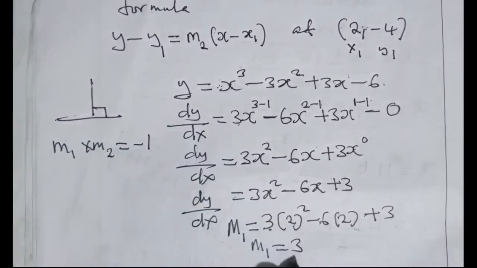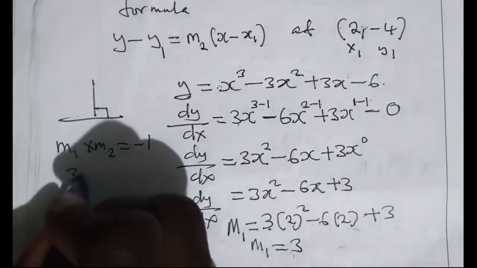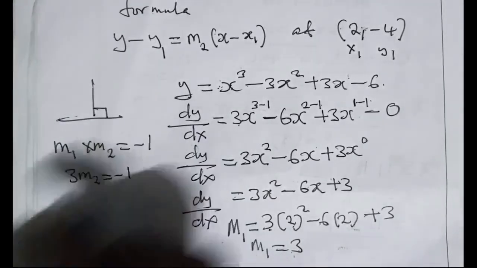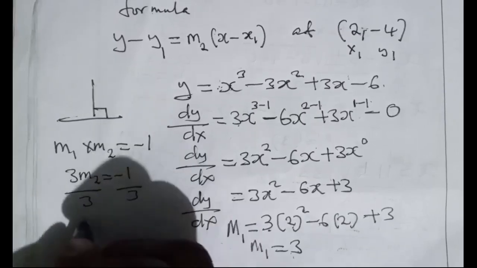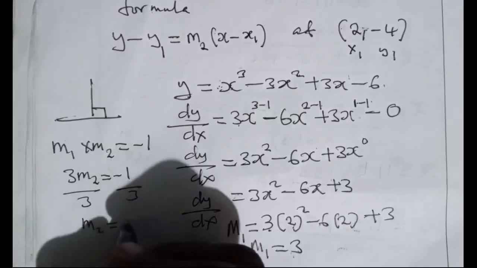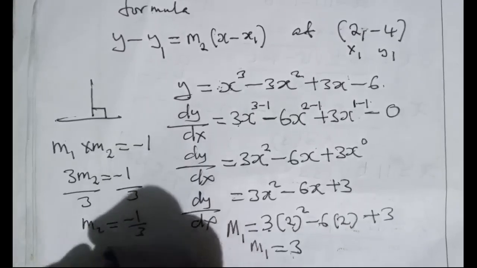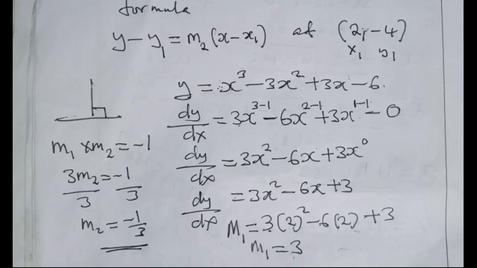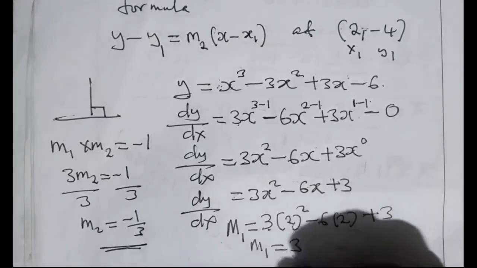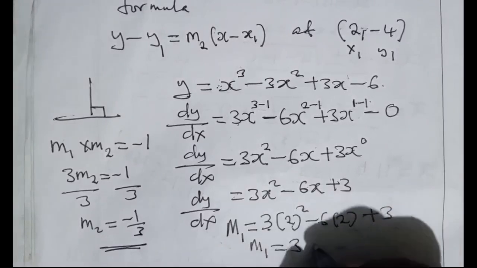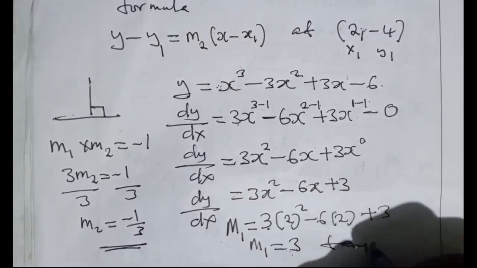We know m1 is 3, so 3 times m2 equals negative 1, which gives m2 equals negative 1 over 3. This is the gradient of the normal. If you were asked to find the equation of the tangent, you would use the gradient 3.